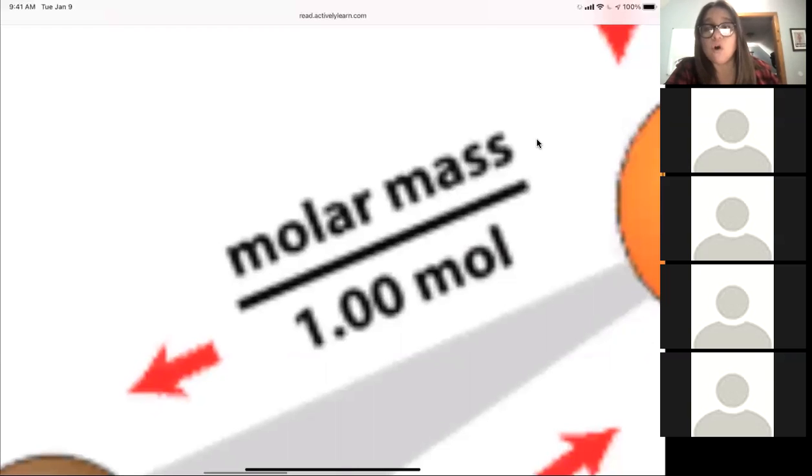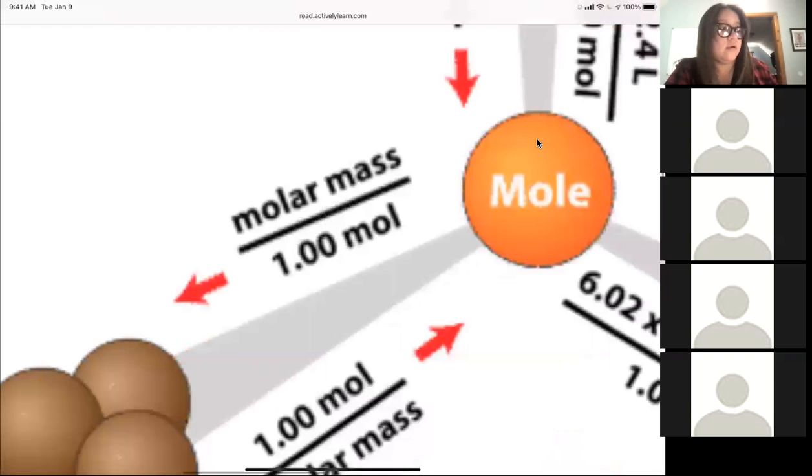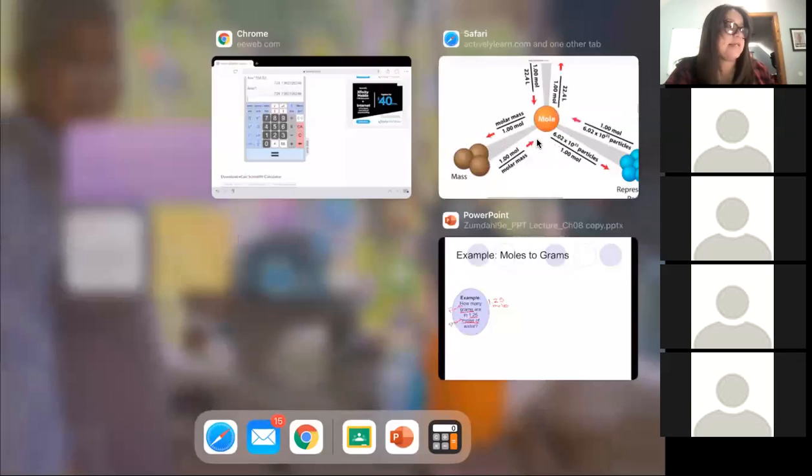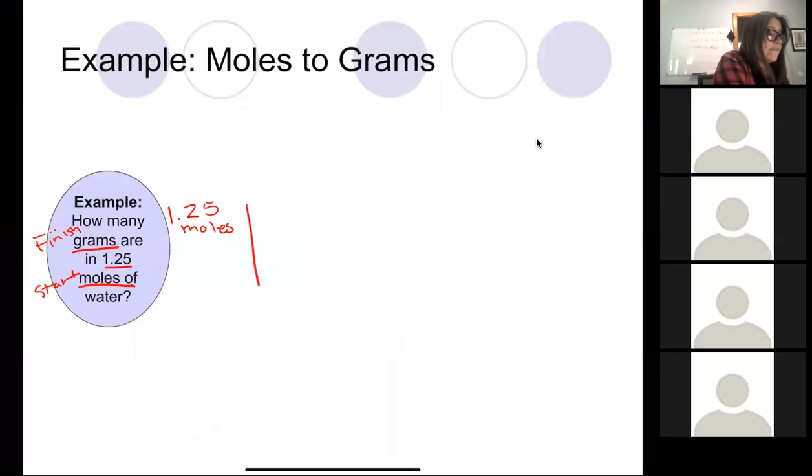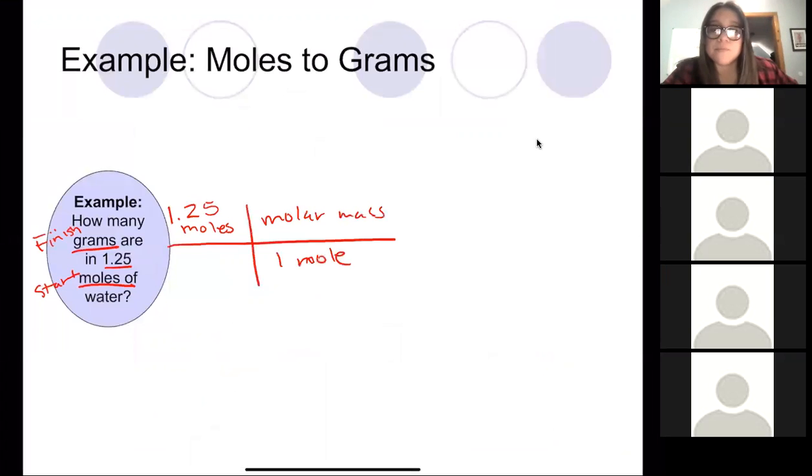So basically we're multiplying by the molar mass over 1 mole. That's the fraction that I got from the chart, and that's the fraction that's going to give us our answer in grams.